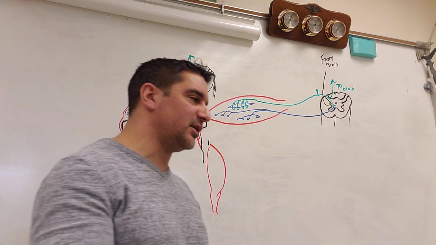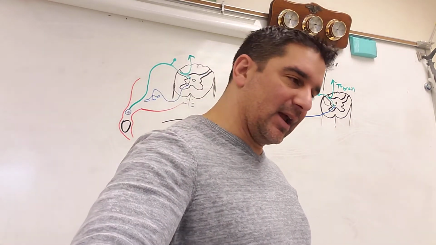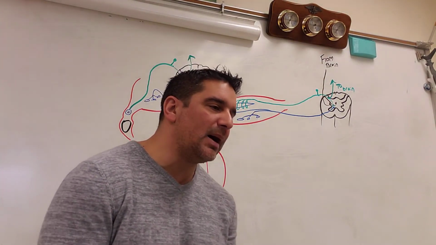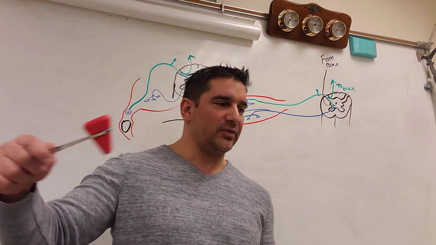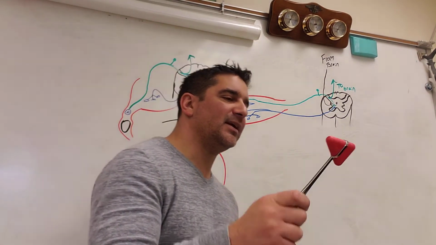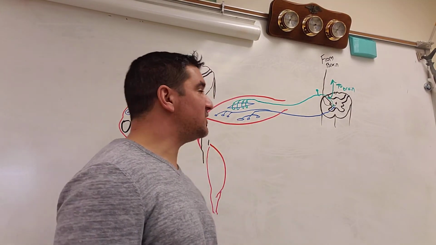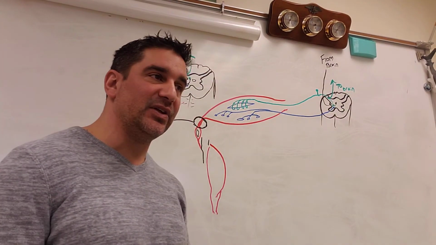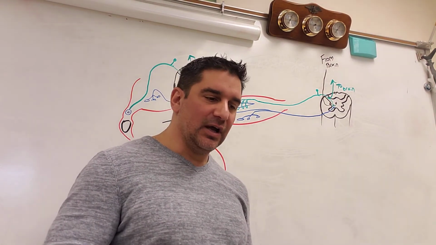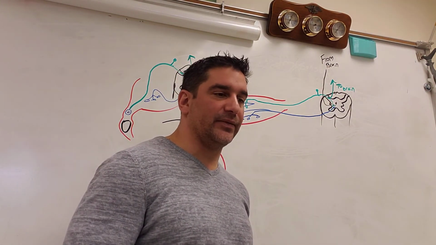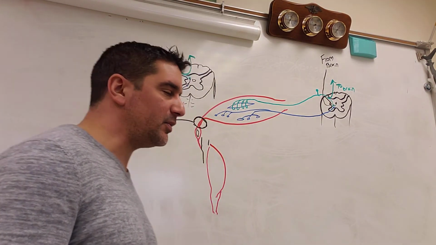This is why your doctor, when he's hitting you with a hammer, doesn't really care about what book you just read. He's trying to take your mind off of what he's doing so that you don't generate EPSPs or IPSPs, and he can get an accurate measure of symmetrical responses. Hope that makes sense.